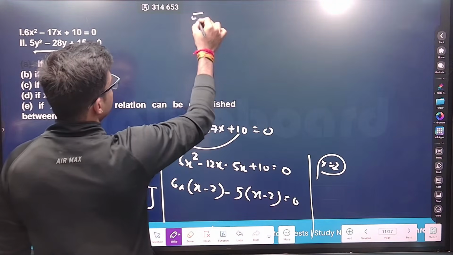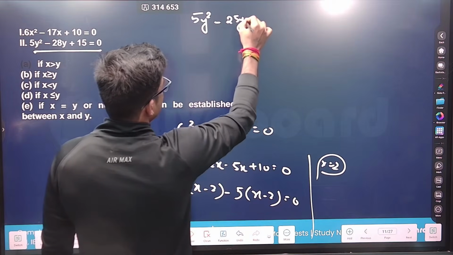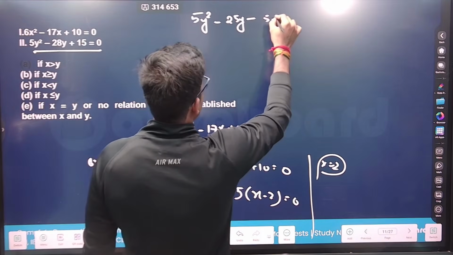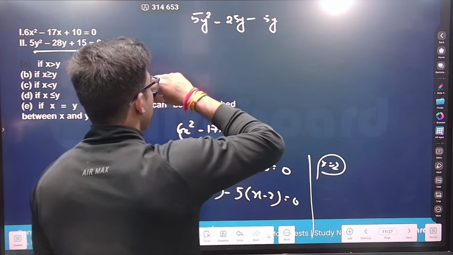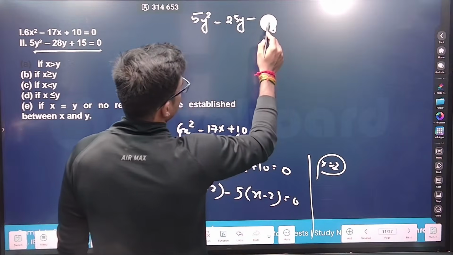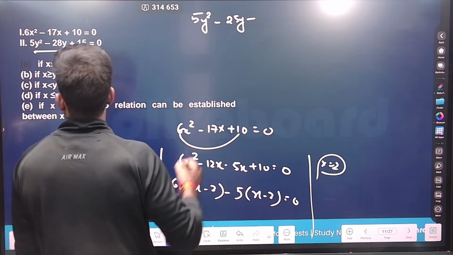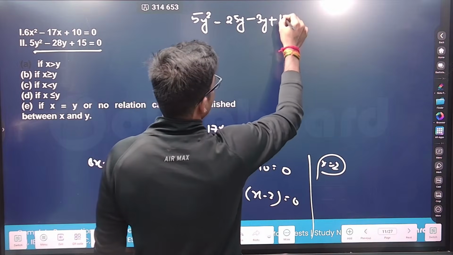So 5y square minus 25y minus 3y plus 15 would be 0.